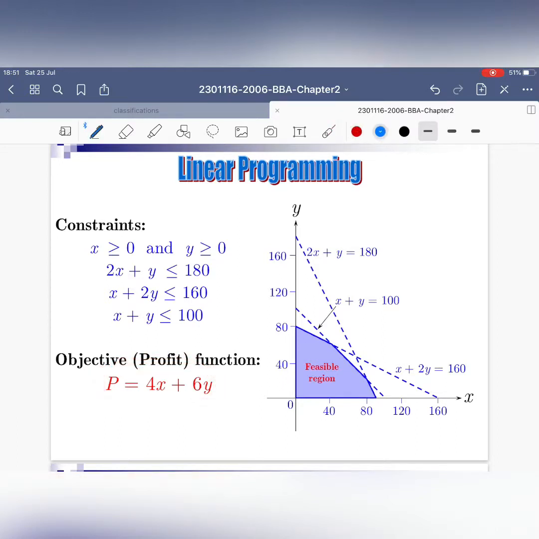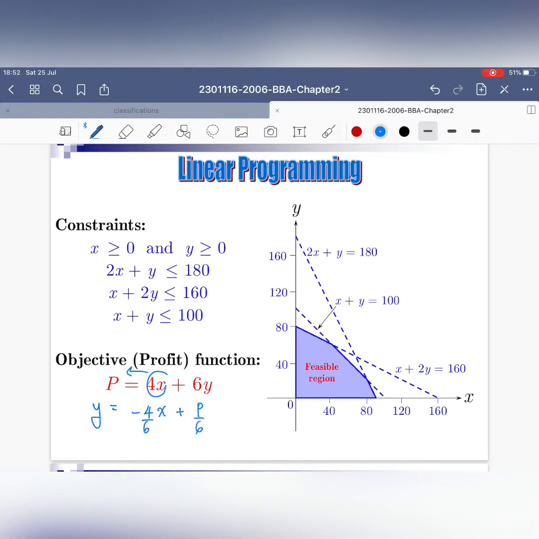Let me rewrite it in terms of y equals. So this one you move over there, so you have negative 4x and p, over 6, p also over 6.